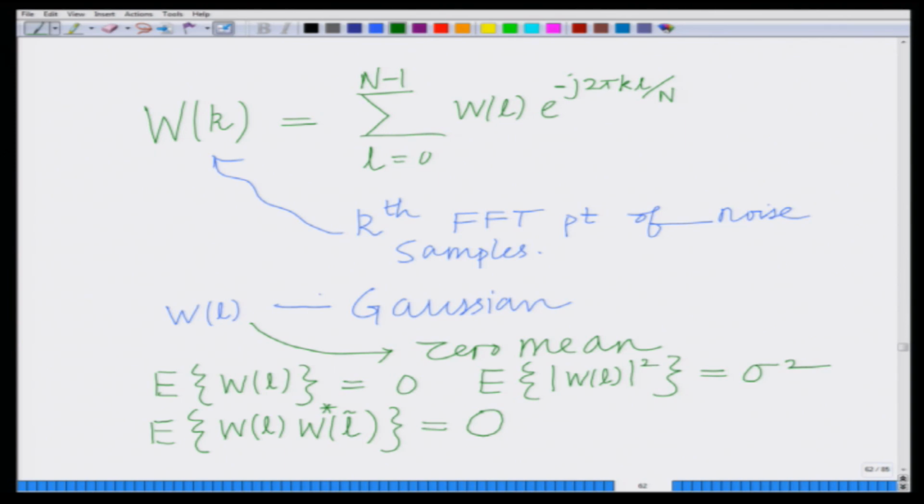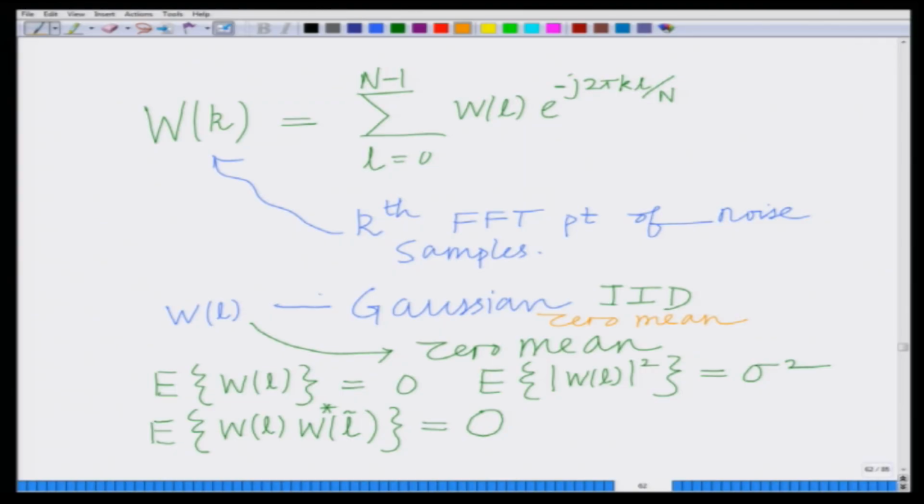So, the noise samples small w0, small w1, up to small wn minus 1 are IID Gaussian, and they are zero mean.